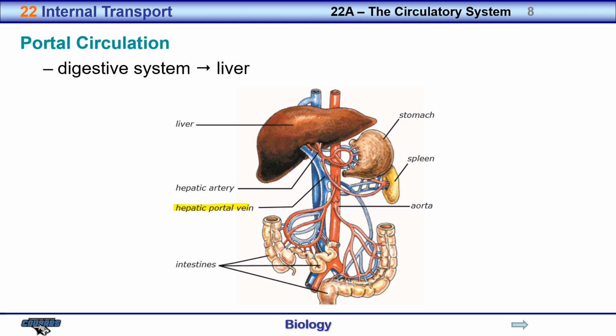So this is another important part of the systemic circulation, the circulation that involves your digestive system. In other words, your small intestine and large intestine, and it also involves your liver, and there are some other organs you can see that are part of this. So that takes us to the end of our circulatory system.